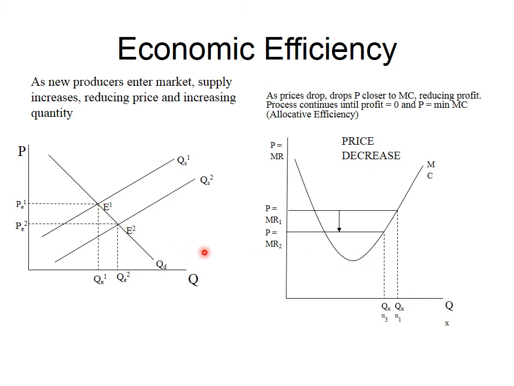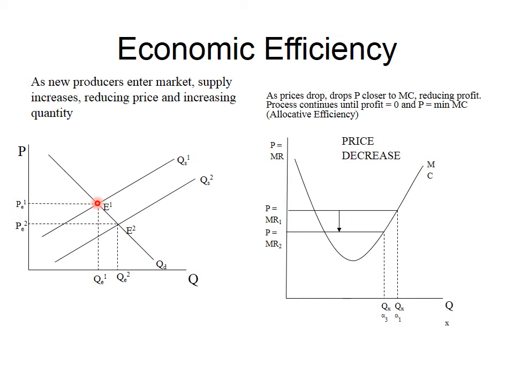When it shifts back up the demand curve, from say E2 to E1, now the price is going to increase, and profit will be made again. Once profit is made again, new firms enter the industry, the supply curve slides to the right. And so there is this constant process.